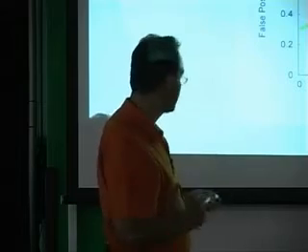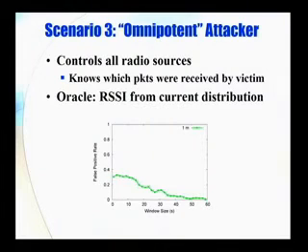All transmissions are controlled by the attacker. Not just that, but the attacker knows for sure which packets are actually heard by the victims and which aren't. More so, the attacker has the actual distribution of RSSI as heard by the victim.